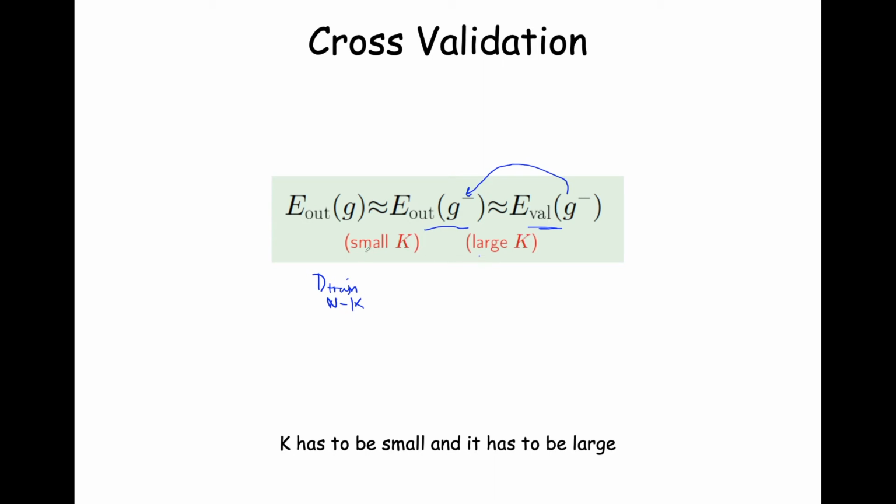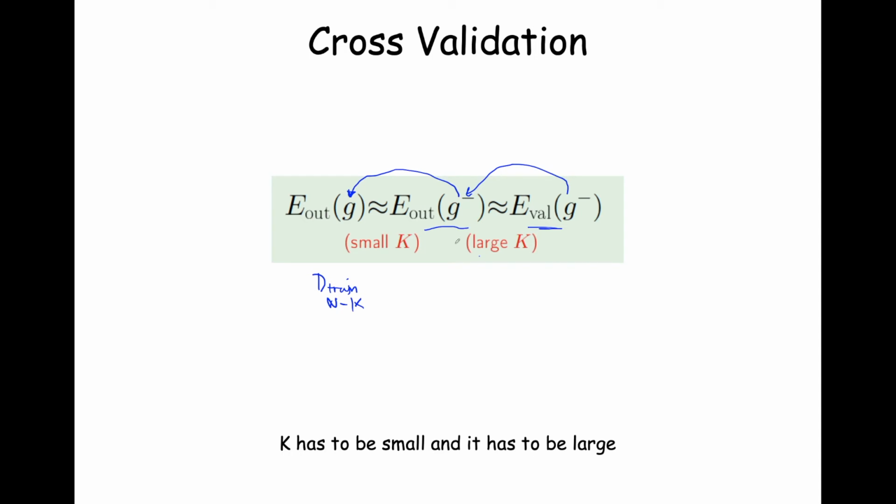But at the same time, in order for out-of-sample error for g minus to be close to out-of-sample error for the non-limited final best hypothesis, you need to have small k. So you need k large and k small at the same time.